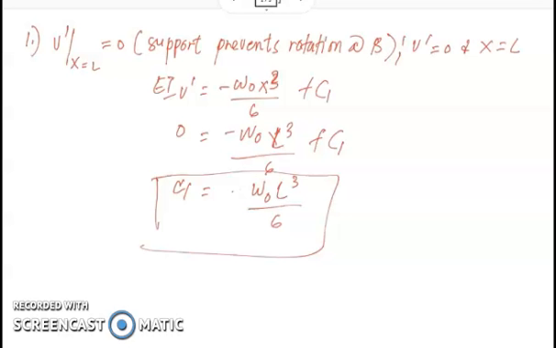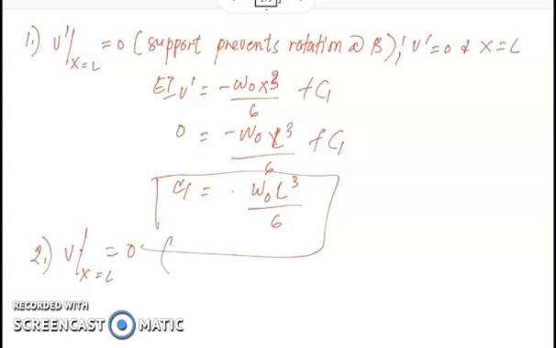Now for our c sub 2, we have to take note that there is no deflection for a cantilever beam. Point B, which is on the cantilever side, prevents deflection. So v is equal to 0 when x is equal to L, the total length of the beam.